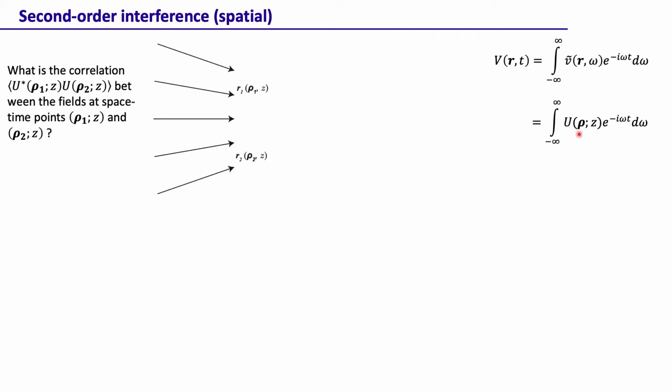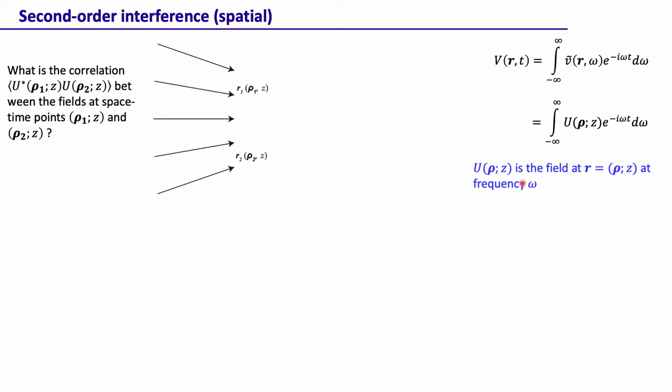So this U(rho, z) is essentially the field at rho z at a given frequency omega. Once we know everything about U, then of course we can put it here and do this omega integral to get V(R,t). But for this part, when we are studying second order coherence in space, we will only study U(rho, z). Once we know U(rho, z), we substitute it in here, and then we can get V(R,t).